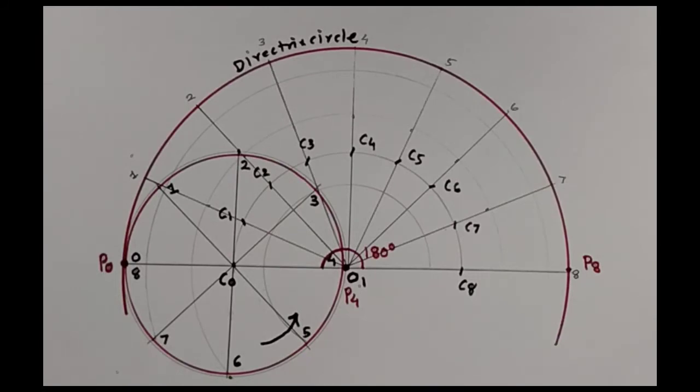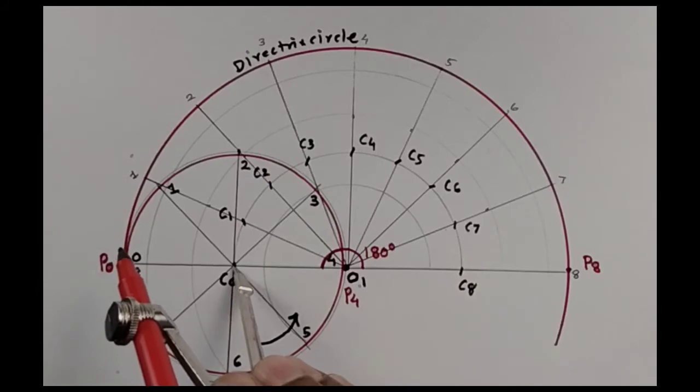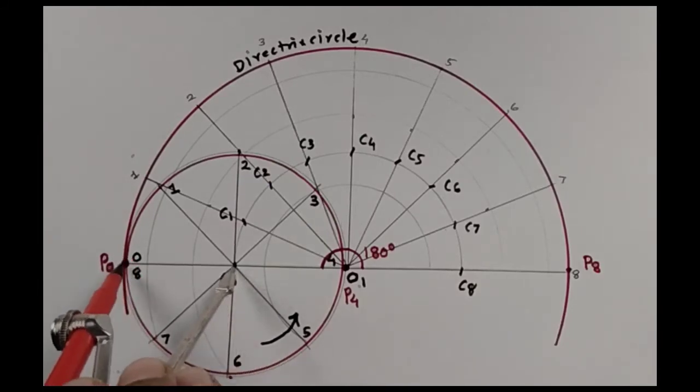After marking all the centers, first I choose the C0 center with the radius of the rolling circle and draw the arc on the 0 circle, so it is my initial position P0.